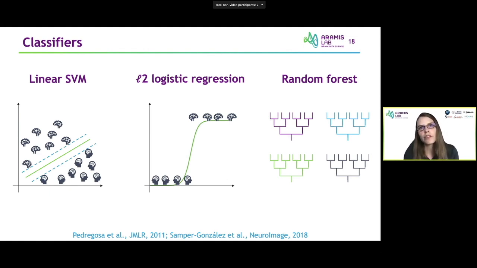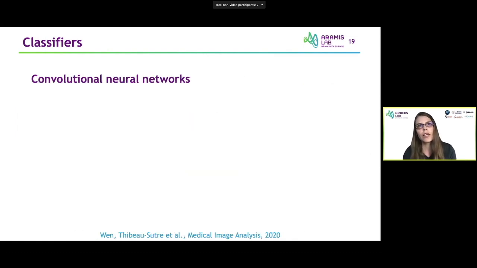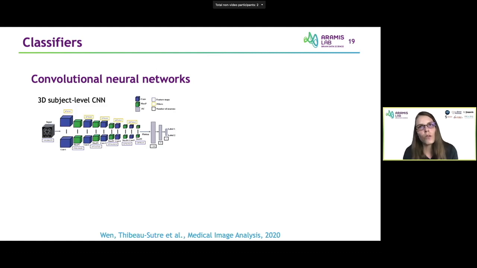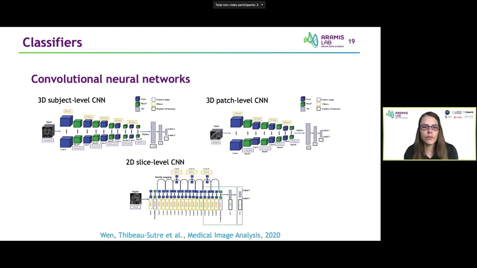And for example, random forest can be a good option when mixing different types of features, such as clinical and imaging features. If you go for deep learning, convolutional neural networks are the most commonly used for image classification. They can take as input whole 3D volumes, but also 3D patches or 2D slices.